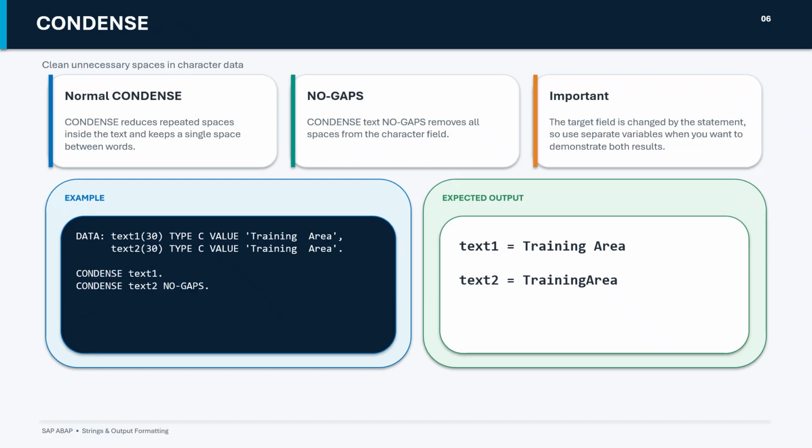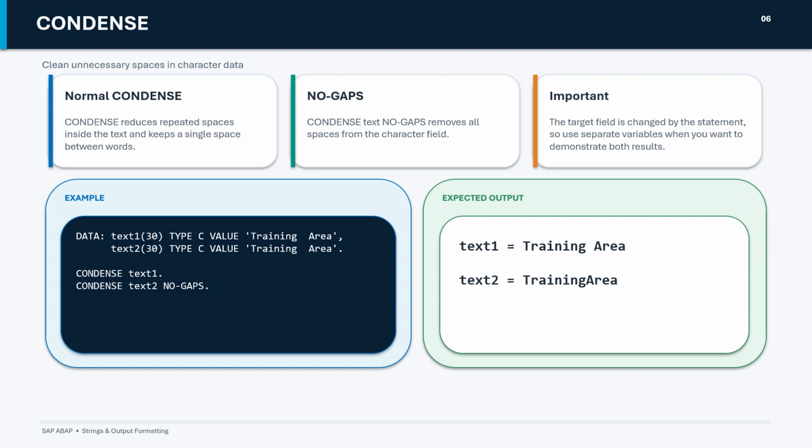Here let's understand the condense statement. Condense is mainly used to remove unnecessary spaces from character data. For example, our text contains multiple spaces, training area, and the second one also training area. So we condense test 1 and condense test 2 with no gaps.